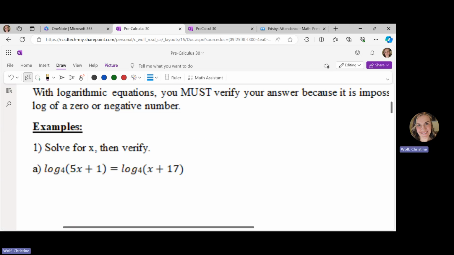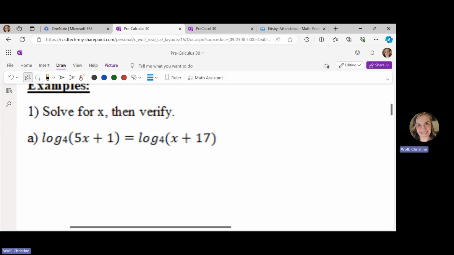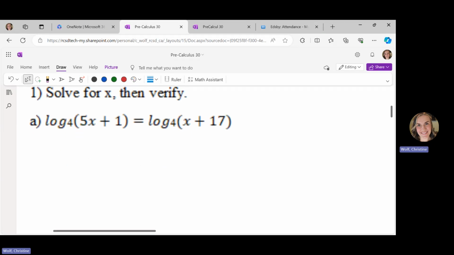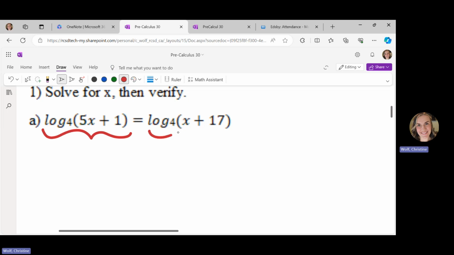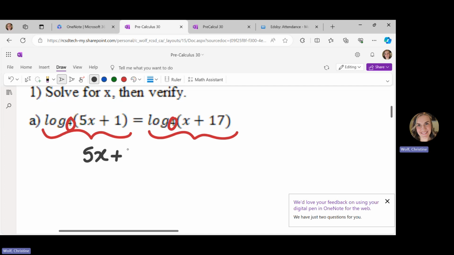So here's our first one. We're going to solve for X, then we're going to verify. We have log base 4 of 5X plus 1 equals log base 4 of X plus 17. Whenever you have a log expression equaling another log expression, and the bases are the same, you're allowed to completely drop the log part and just set 5x plus 1 equal to x plus 17.